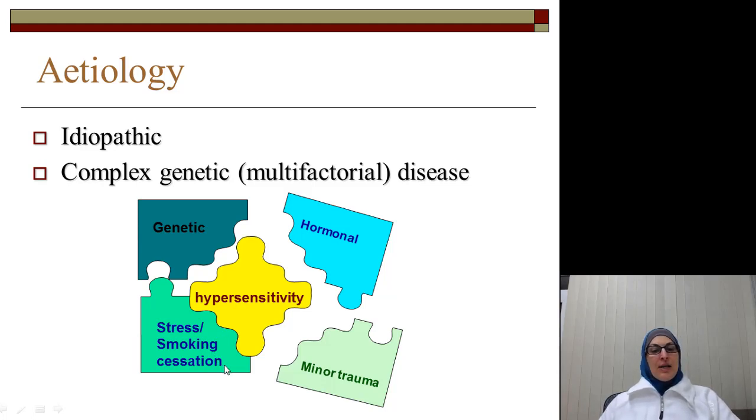Smoking cessation is another very contributing factor, and here I'm not encouraging you to start smoking, but it has been confirmed that smoking provides protection against RAS because the possible etiologies is it increases the keratinization of the oral mucosa, so this would add more protection against microtrauma, or because of the substances present in the nicotine itself, it might reduce the inflammatory mediators.